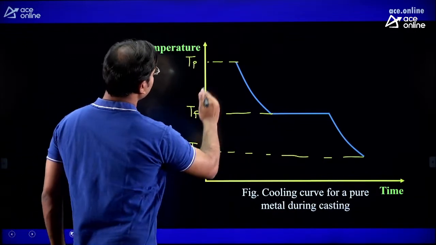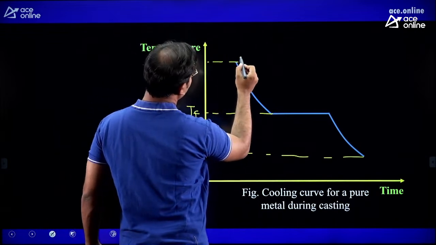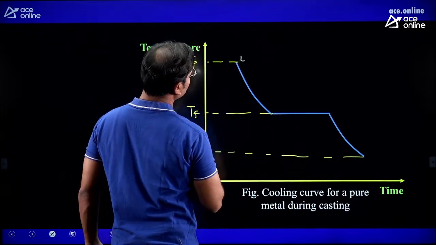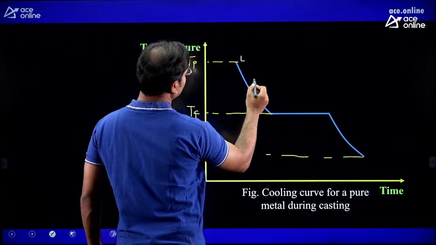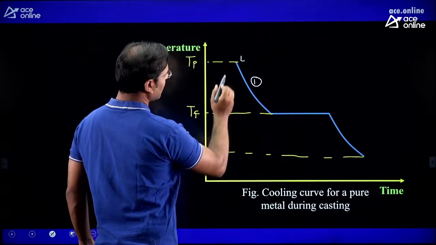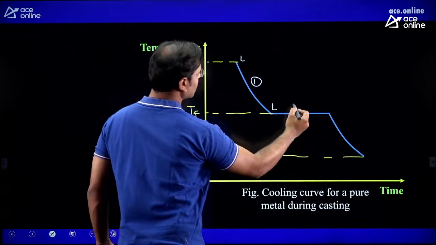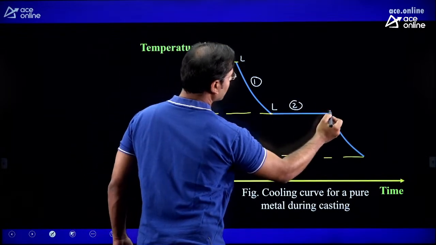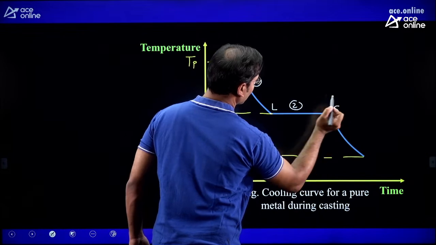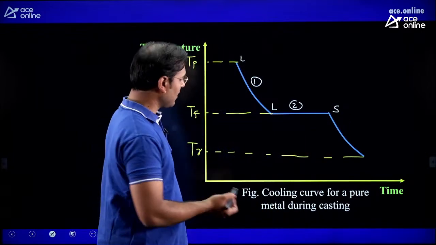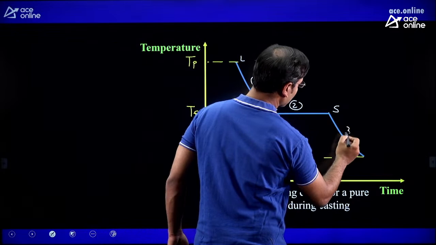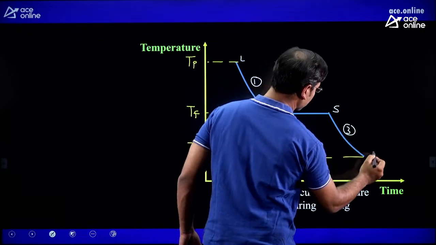When we pour the molten metal at this point, the molten metal, that is liquid metal, is there. This is stage 1. After stage 1, here also we get liquid only. But in stage 2, liquid converts into solid, and here we get solid. And in stage 3, solid remains solid.